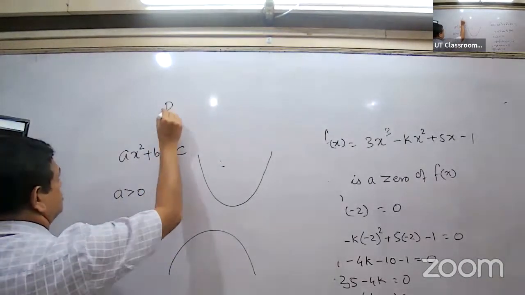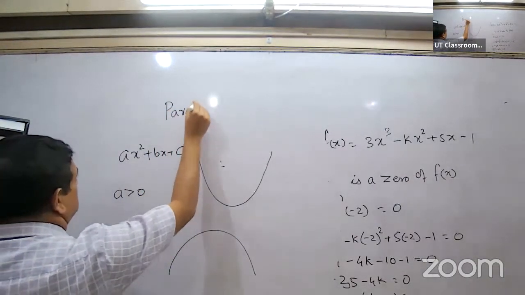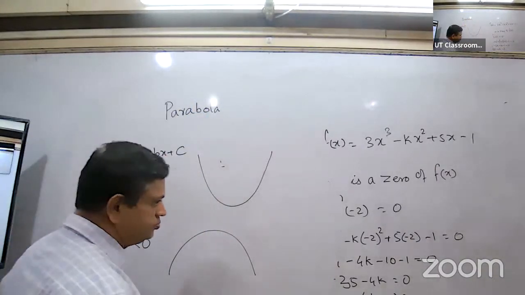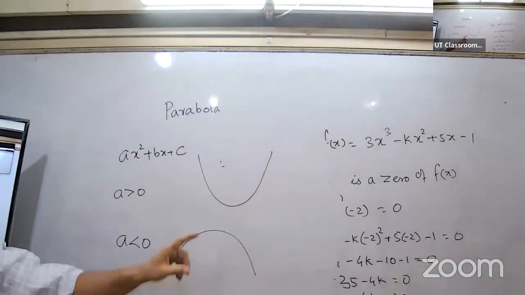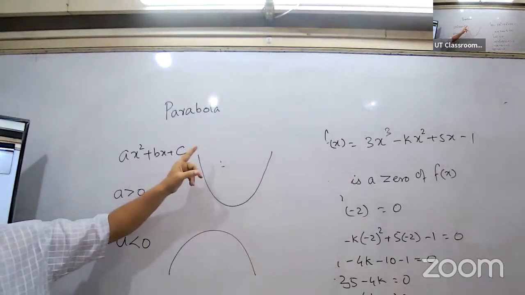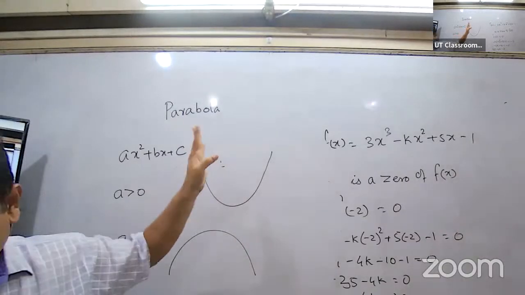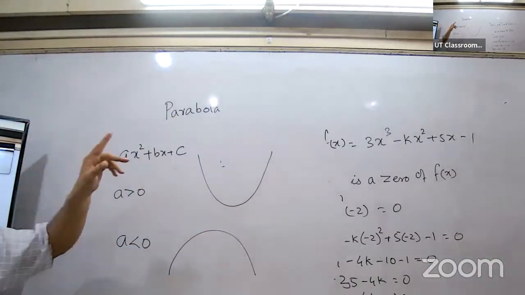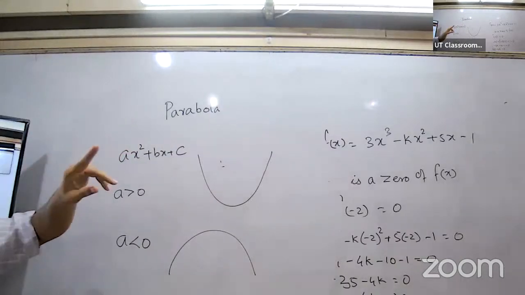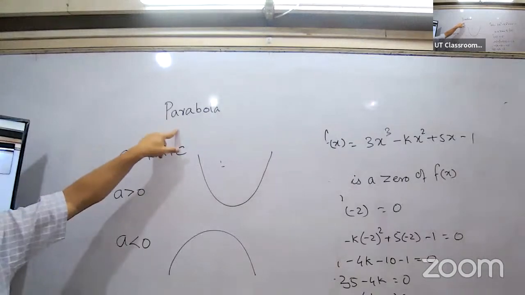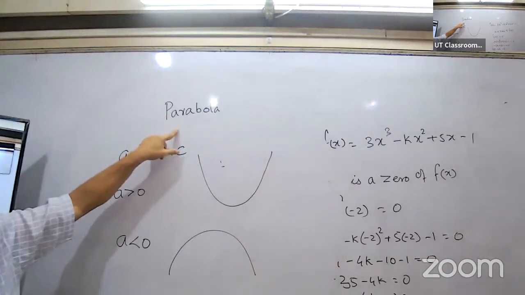Spelling of parabola, you know, P-A-R-A-B-O-L-A. Somewhere you see it is parabola, someone says it pronounced differently. That is also pronounced in different ways. Graph of a quadratic polynomial ax square plus bx plus c represents a parabola.